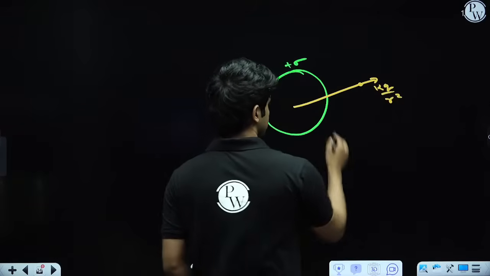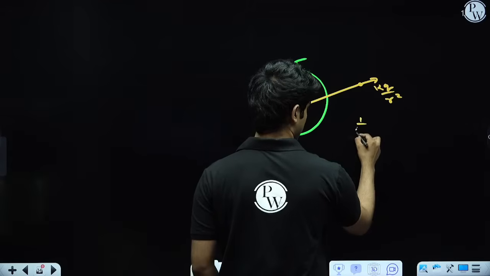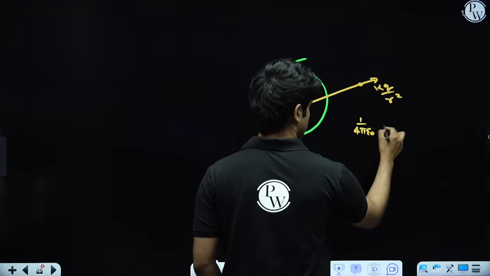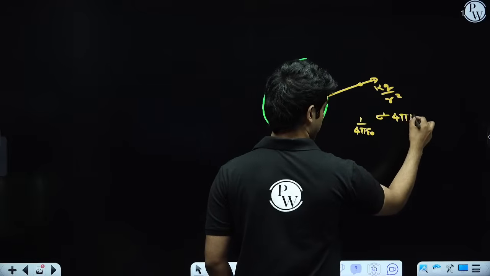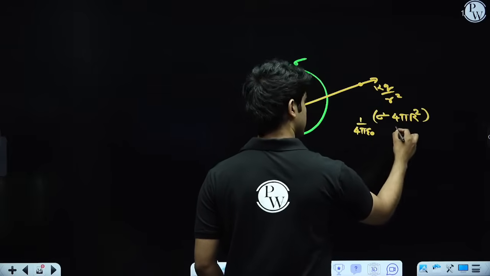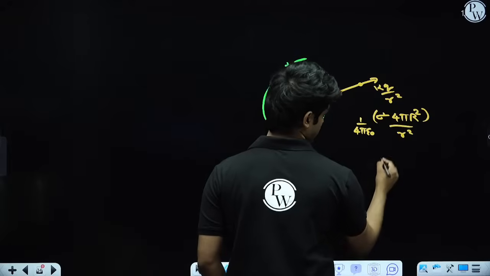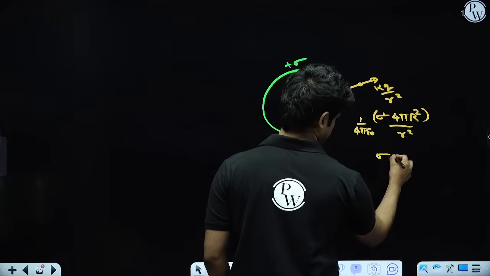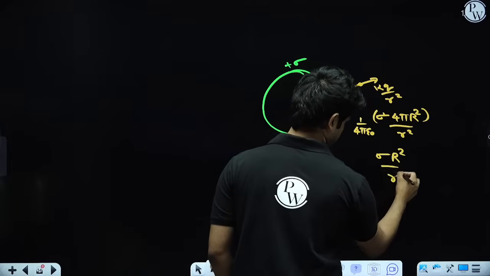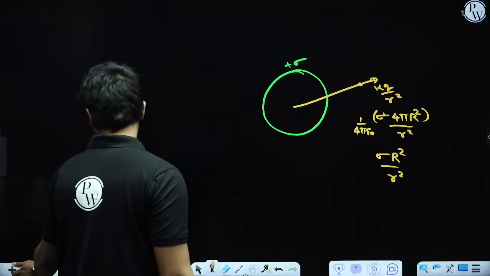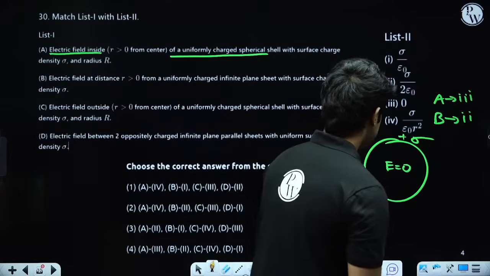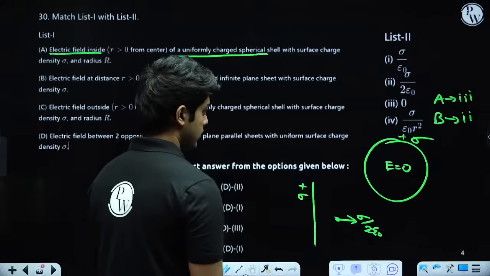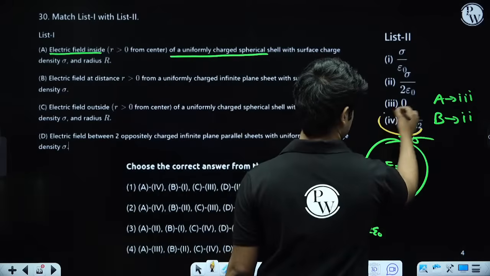So now we just have to substitute all the values. So 1 by 4 pi epsilon naught, q is sigma 4 pi R square, total charge of the sphere, divided by r square. So this will be sigma by epsilon naught, we just have to convert it into the form of sigma. Sigma by epsilon naught r square. Yeah, this will be the answer.